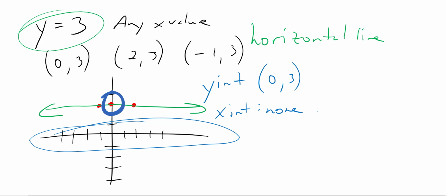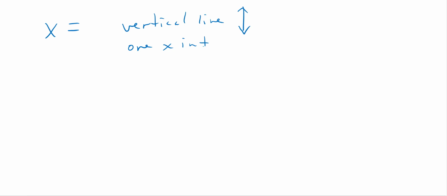Okay? So here's the deal. Let me kind of summarize this a little bit. So if you have an x equals problem, basically what you're going to have is a vertical line, which means, again, up and down. And you're going to have one x-intercept, and you're going to have no y-intercept.